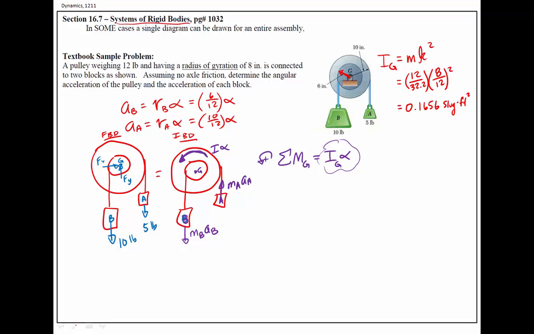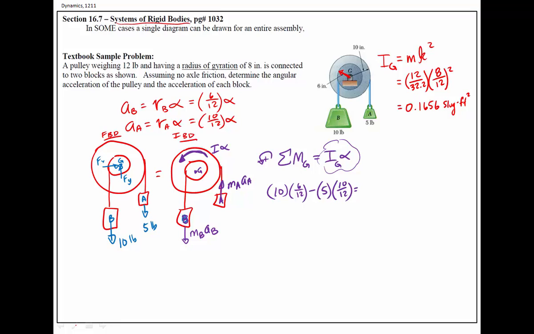All right, so the moments on the free body diagram are going to be 10 pounds times the moment arm right here, which is 6 divided by 12. That's positive because it's counterclockwise. We're going to have 5 pounds times 10 divided by 12 in the clockwise direction, so it's negative. And that's going to do it for the free body diagram, the external forces.